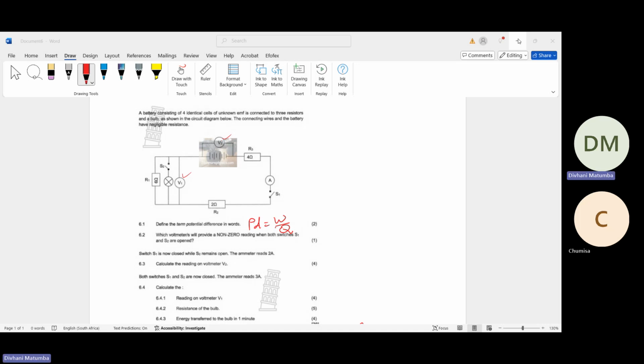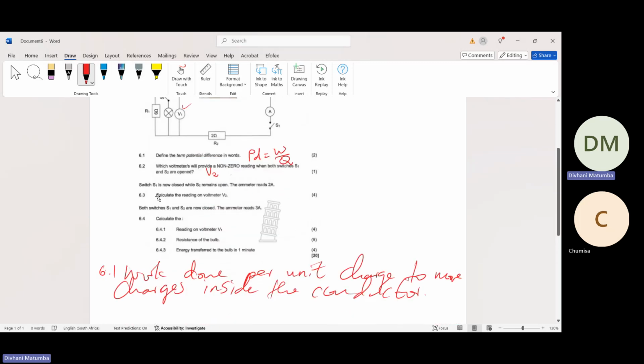There won't be any work done because the circuit is open. There's no flow. Okay, the answer is V2. V2 is the answer.